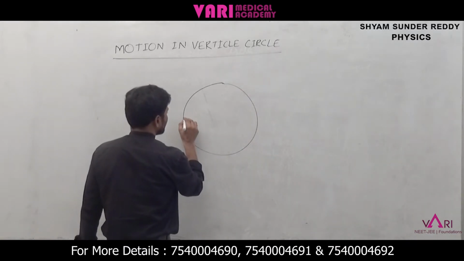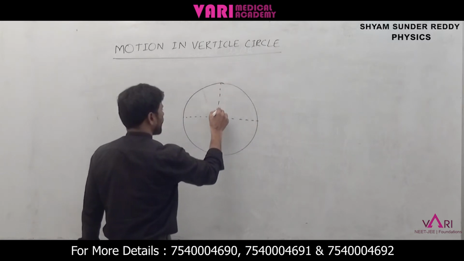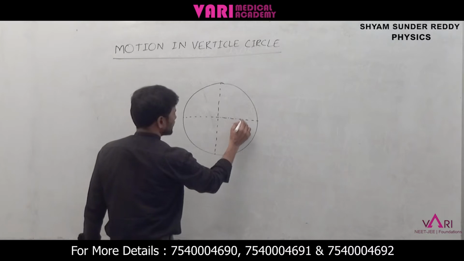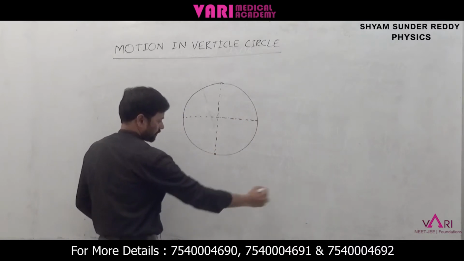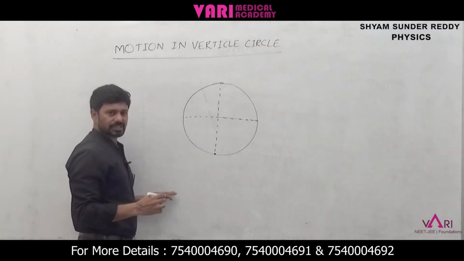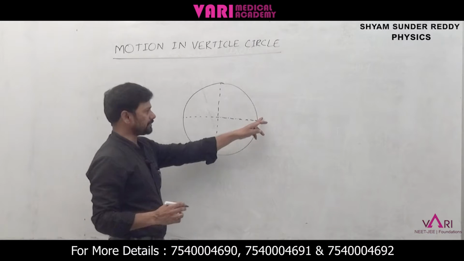At different points the body velocity is different. Suppose this is the least point from the horizontal surface, this is the highest point, this is the middle.